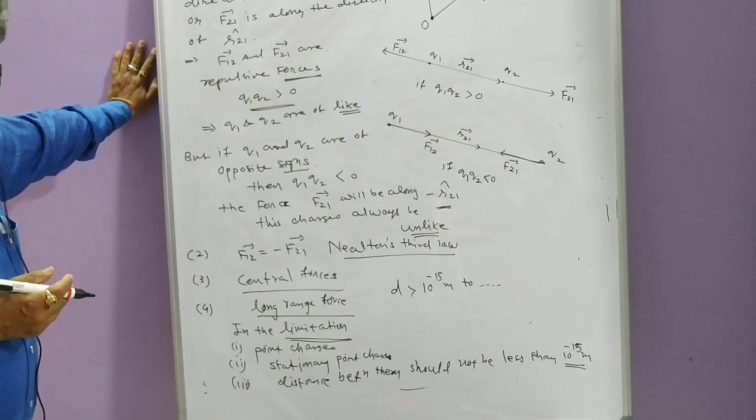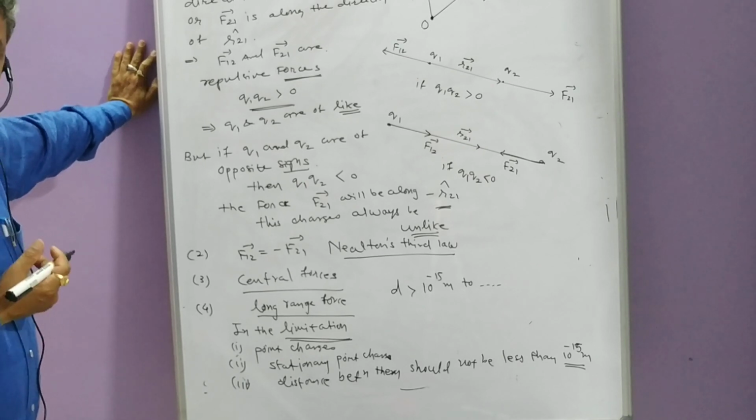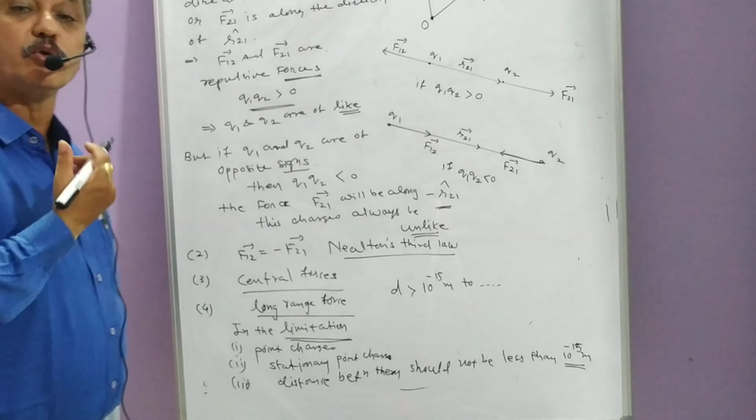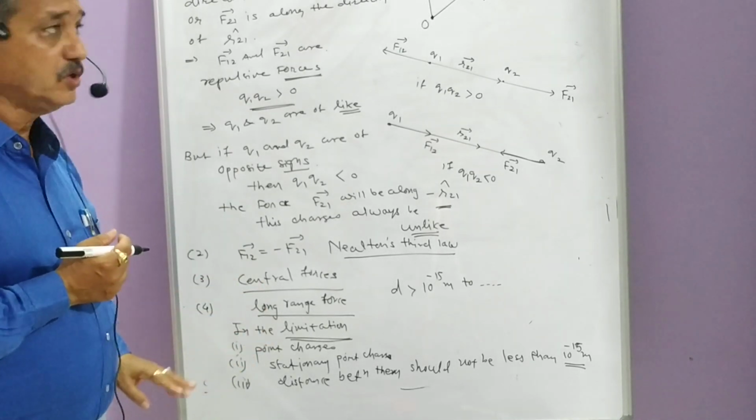Because as you know, if the distance is less than 10 raised to minus 15 meter, which kind of force comes into play between the charges? It's the strong nuclear force. So these are the 3 points of limitation of Coulomb's law.